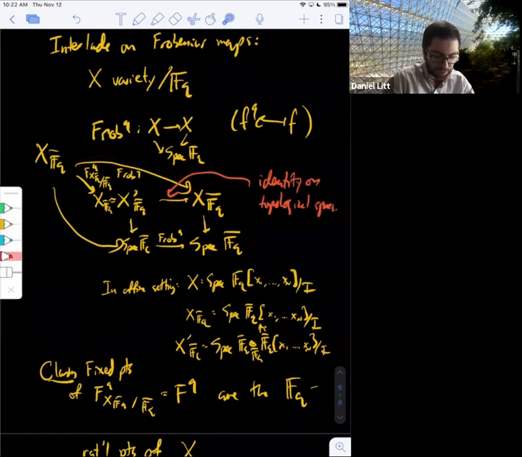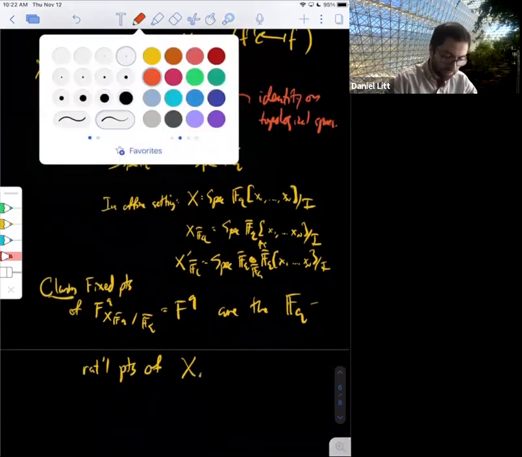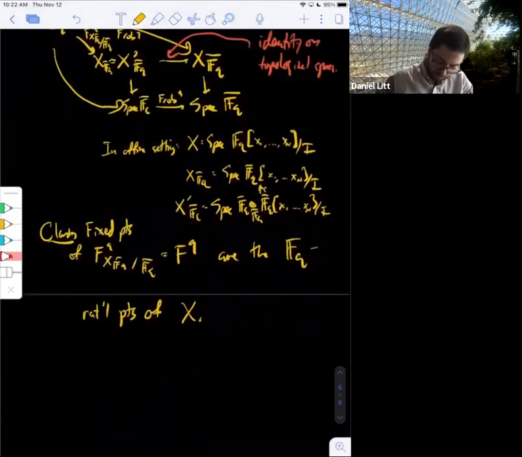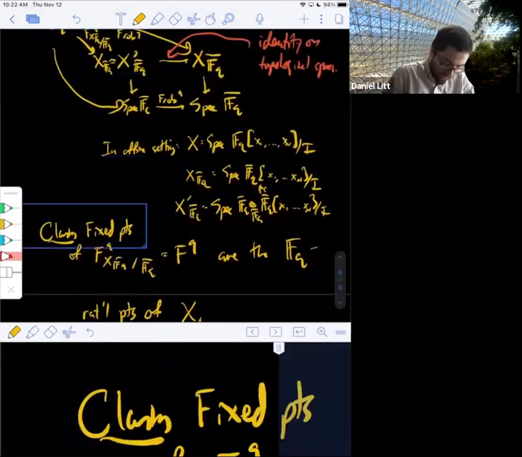So it's enough to check this for absolute Frobenius, and for absolute Frobenius it's obvious. Okay. So that's claim 1 about this map.